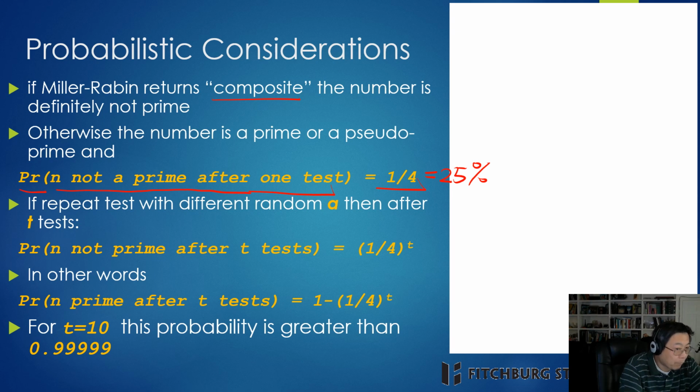the beauty of the Miller-Rabin algorithm is that we can use the Miller-Rabin test multiple times. If we test once, the probability that n is not a prime is 25%. Now, how about if we repeat the test?